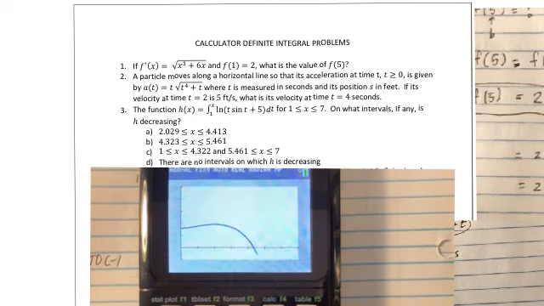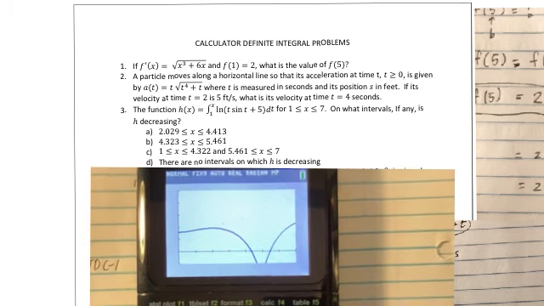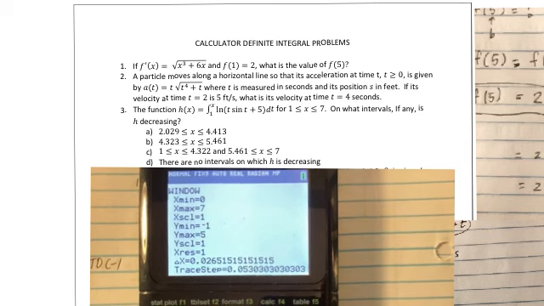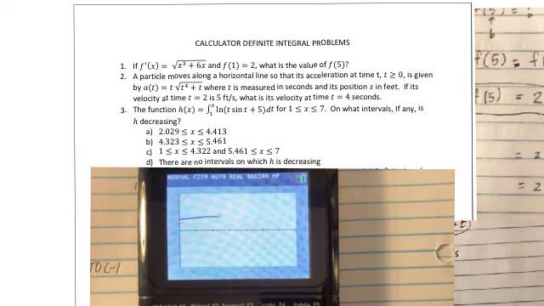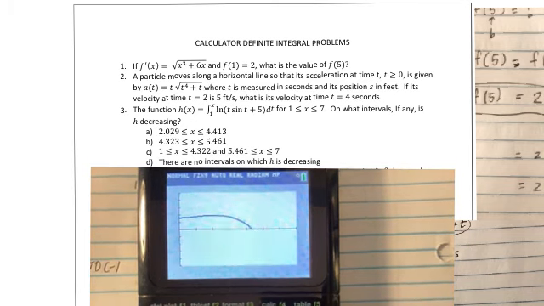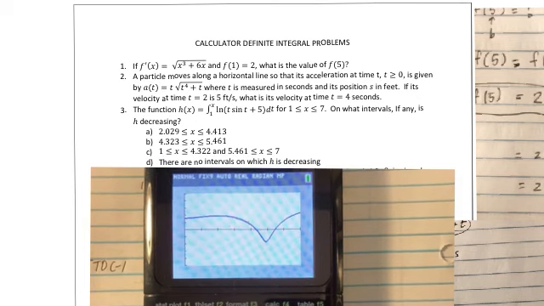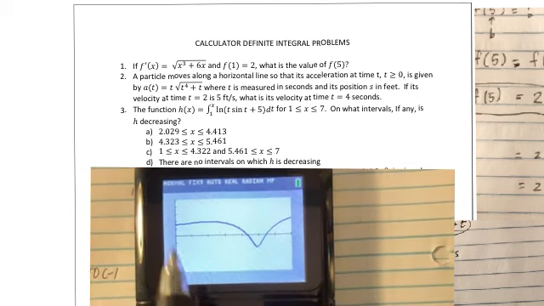And I can see this right here is my h prime function, right? I'm going to make this y min a little lower just so that I can check out what's happening there with that little dip. So there it's looking pretty good, and you want to play with your window so that you can clearly see your graph, okay?